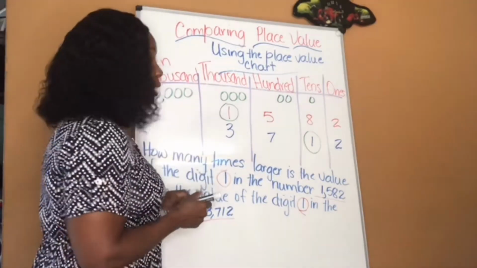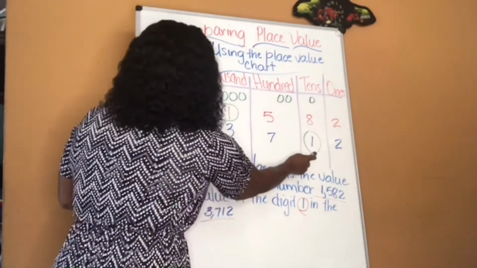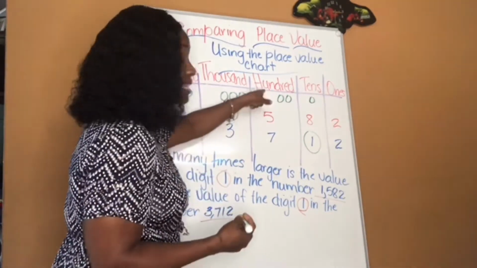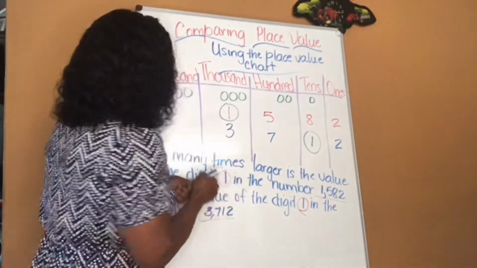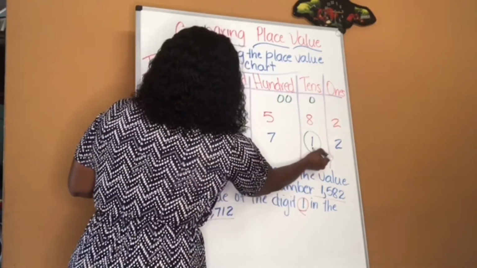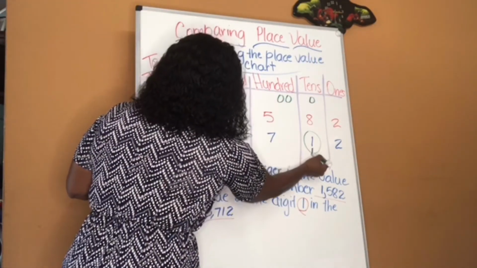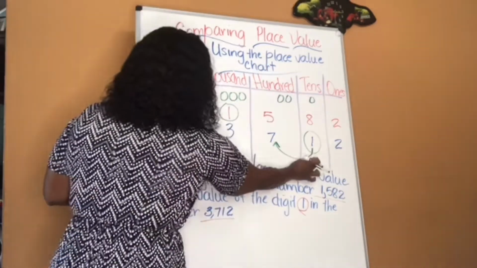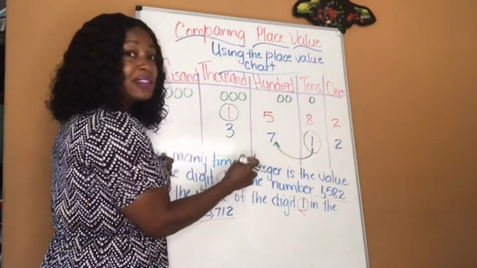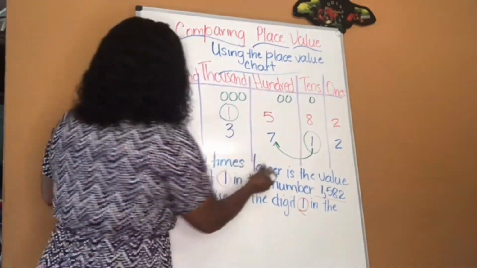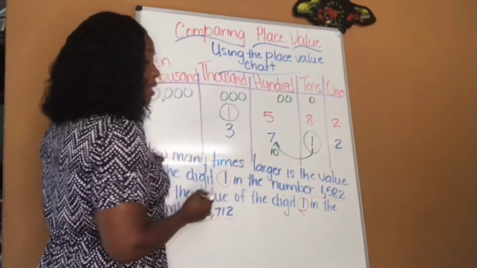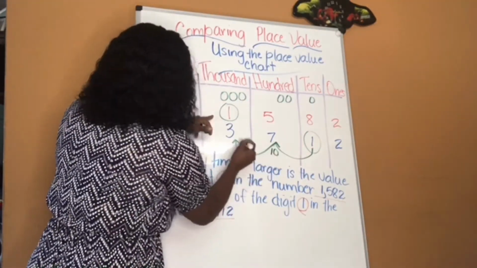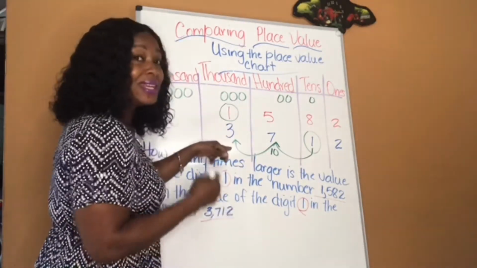What am I going to do? I'm going to use arrows from this one all the way over to this, but I'm taking steps, stopping at each column, each place. I'm starting at the tens column because this 1 is in the tens column, and I'm stopping in the hundreds column. From here to here we're moving less, so it gets 10 times bigger. That's 10. Then I move to the next column where my 1 is, and again it gets 10 times bigger.